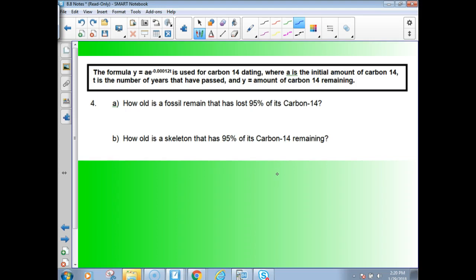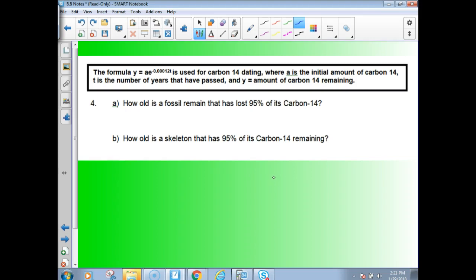So I pose this question: how much of your carbon-14 do you have right now? There you go, 100%. You've got it all, because you haven't died.